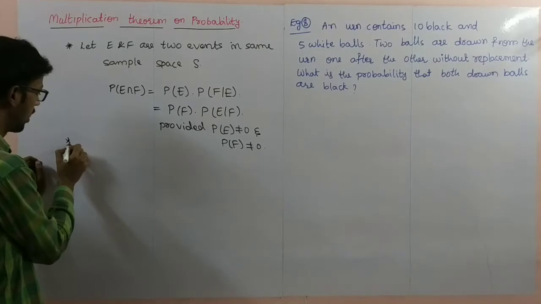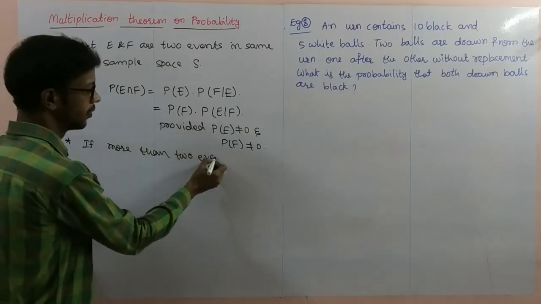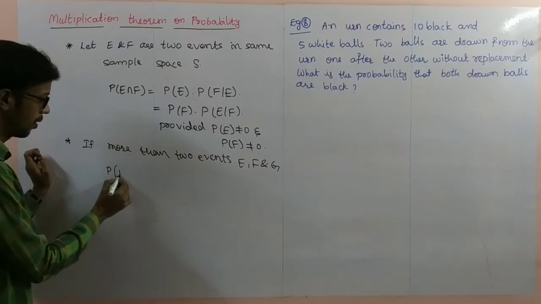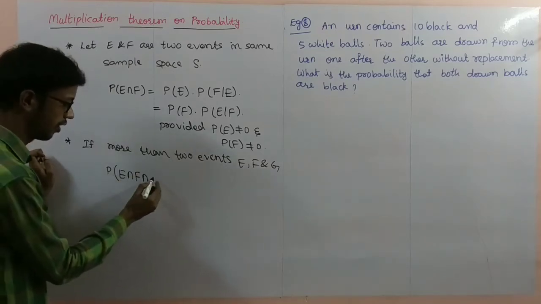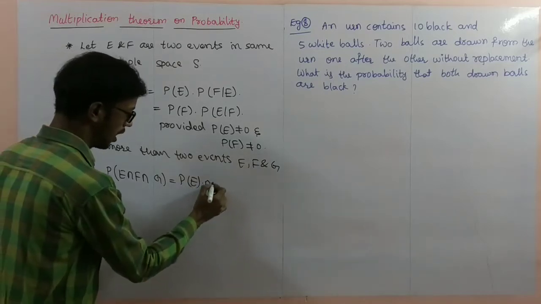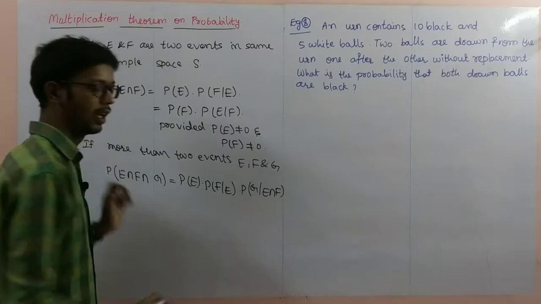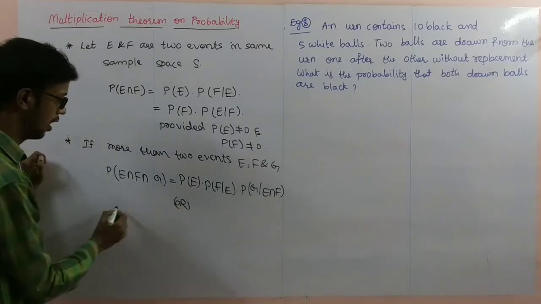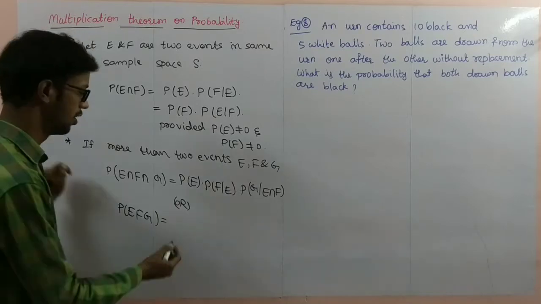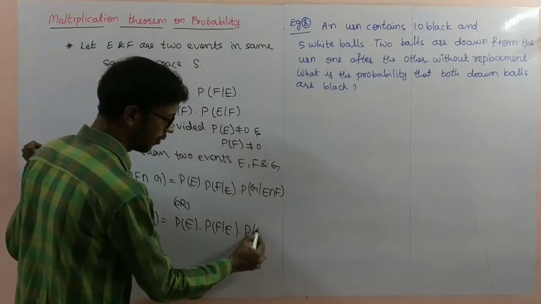If there are more than two events, E, F and G, then the multiplication theorem on probability is probability of E intersection F intersection G is equal to probability of E into probability of F by E into probability of G by E intersection F. Or we can also write it as probability of E, F, G, that is nothing but the intersection, equal to probability of E into probability of F by E into probability of G by EF.